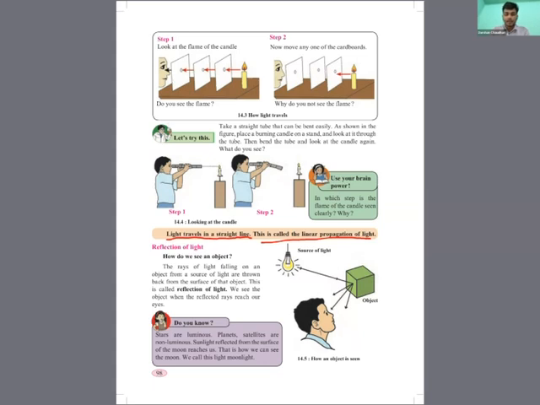Now next is reflection of light. What they say here: the rays of light falling on an object from a source are thrown back from the surface of that object. This is called reflection of light. We see the object when reflected rays reach our eyes. Here they give one activity on how the reflection happens. Look here, the person sees the object from the source of light.